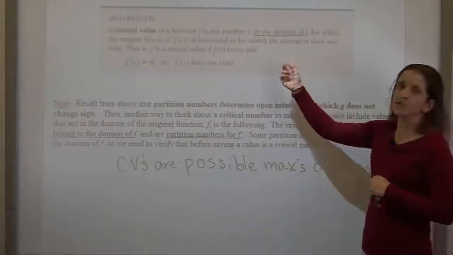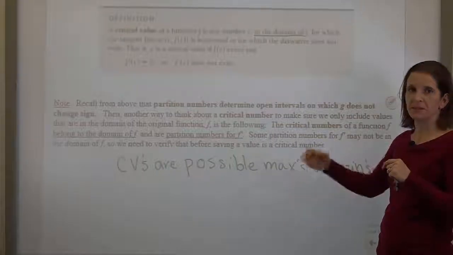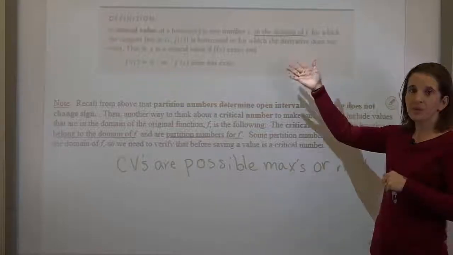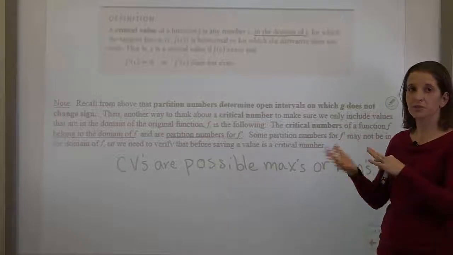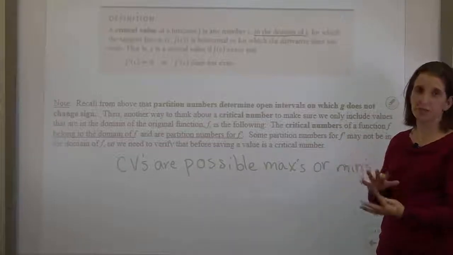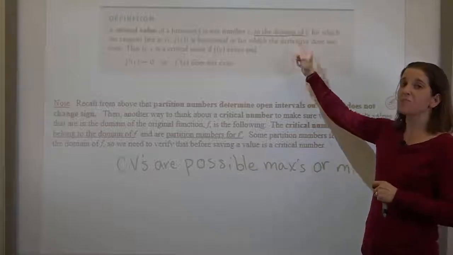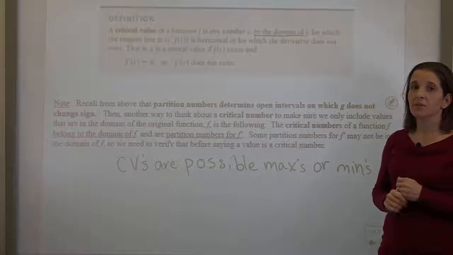A critical value is a possible max or min, so that means that if you're going to have a max or min, it's going to happen there, but not every critical value will end up being one. And what is it? Well, we're going to have to be careful here between a critical value and a partition number. So a critical value is a place in the domain of the original function where the first derivative either equals 0 or does not exist.